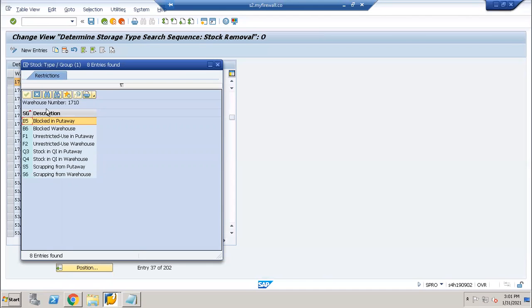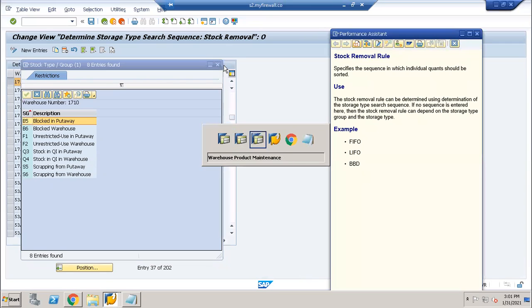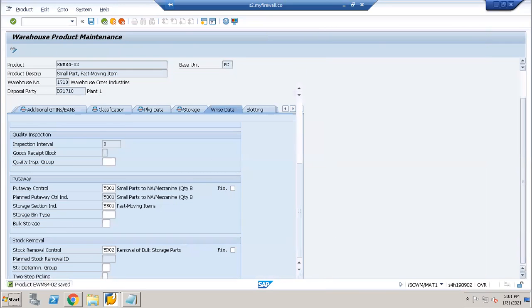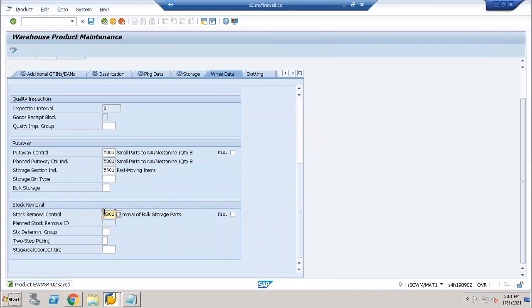Strategy is based on the material. I have shown you SRCI, which stands for stock removal control indicator. It is the product specific strategy. Let us suppose we are supplying products for Walmart, like beverages and cold drinks. Walmart is our key customer, so for this key customer and this product, we can have a specific stock removal strategy, irrespective of the product material type.